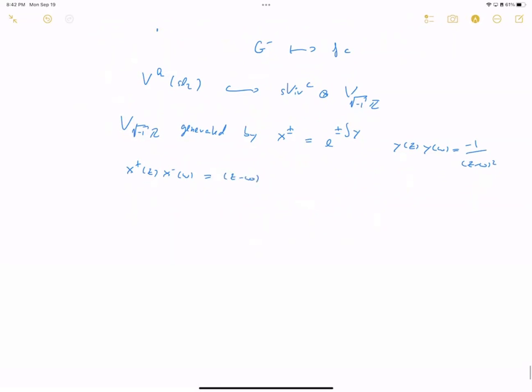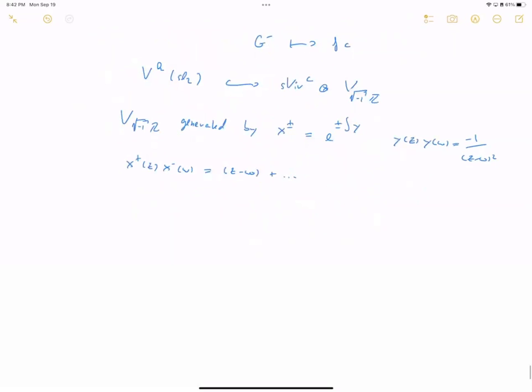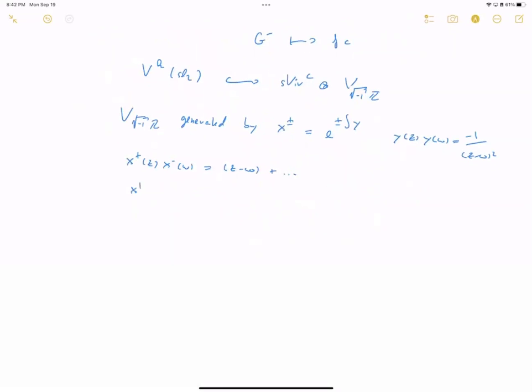And so in particular, what this means is that the OPE of x plus with x minus is equal to, the leading term is already z minus w, and then you get even higher powers, right? On the other hand, it means that the OPE of x plus with itself, what will that be? That will now have a first order pole.